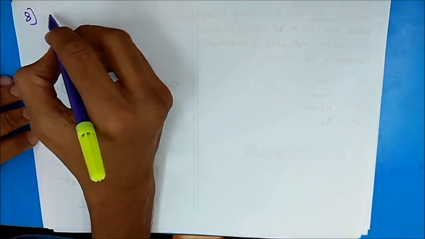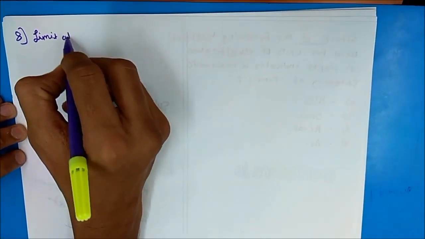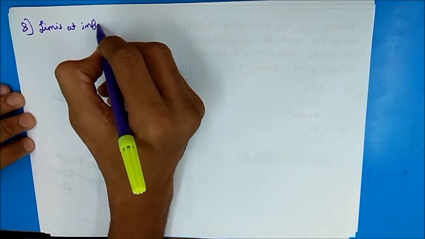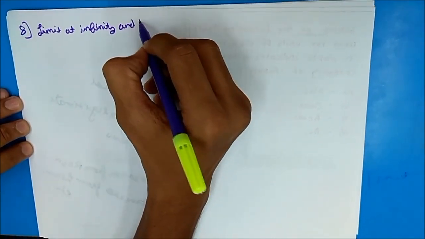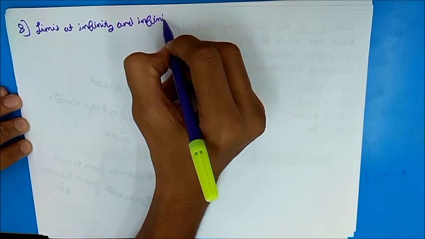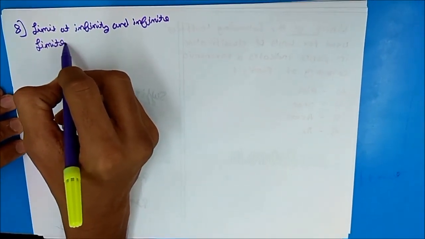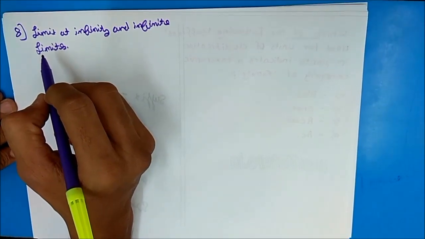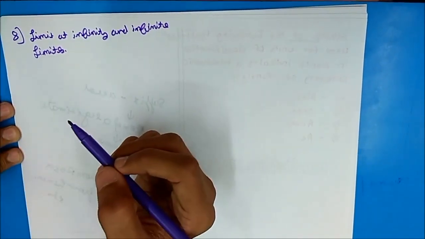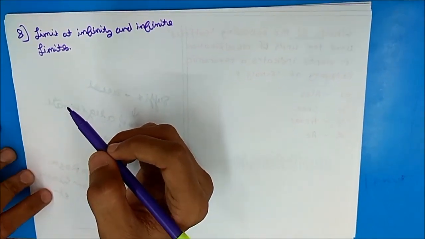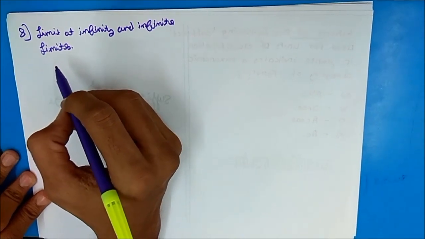The last type is limit at infinity and infinite limits. A function f is said to tend to a limit L as x tends to infinity. Let me give you an example.